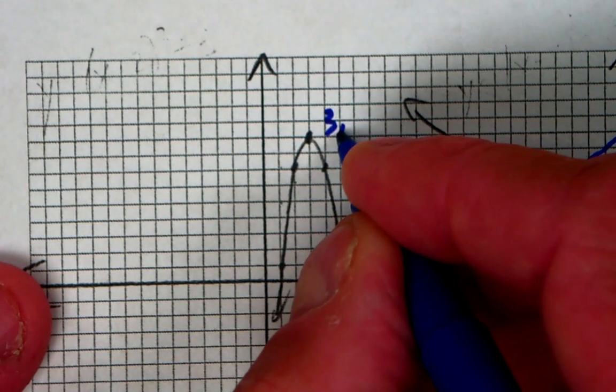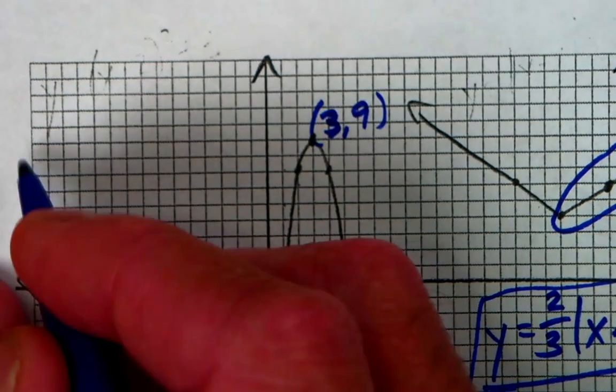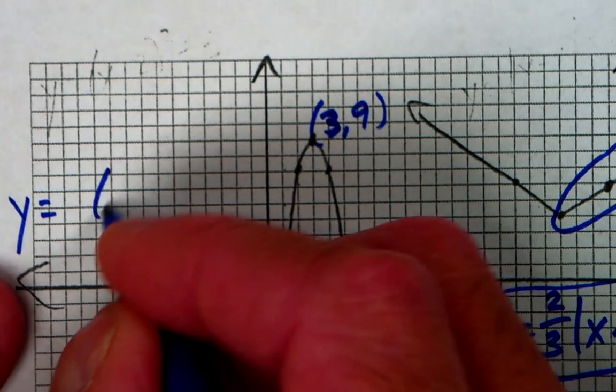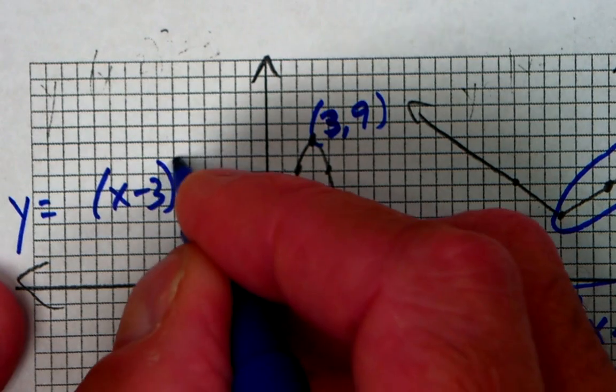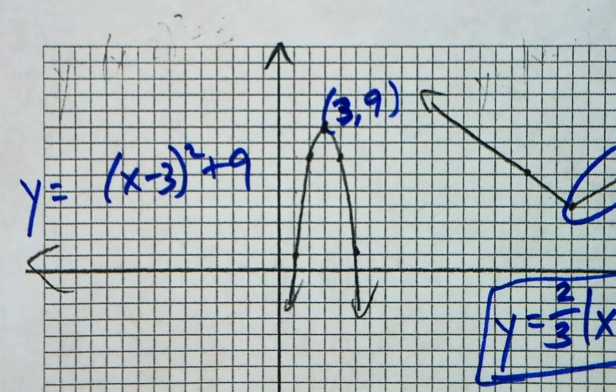So here my vertex is 3, 9. I'll save you the trouble of counting. So we need y equals x minus 3 squared plus 9. That part's pretty straightforward. Now I just need to decide what my factor is out front.